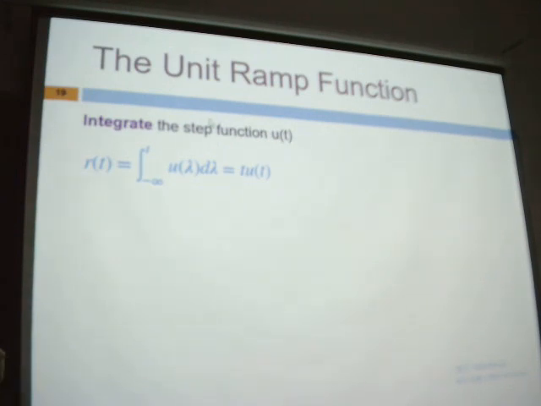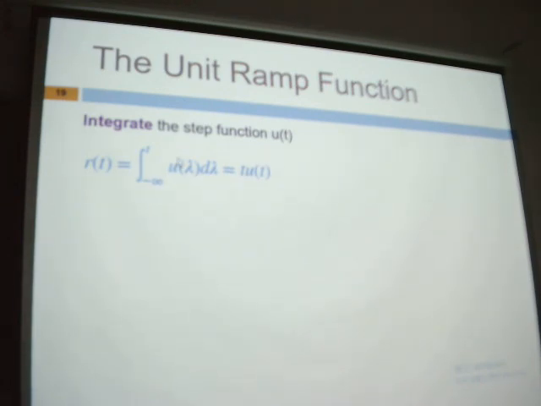The third one is the unit ramp function. If we integrate the step function u(t), we get r(t). For the impulse function, we take the derivative of the step function. The step function we learned first is the most basic one, and when we integrate it, we get the ramp.